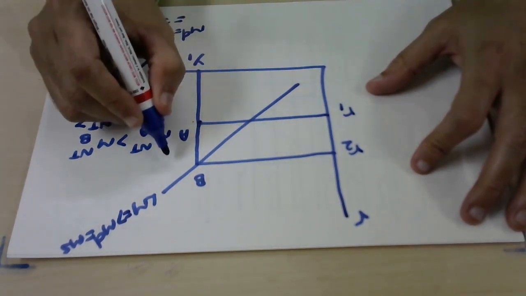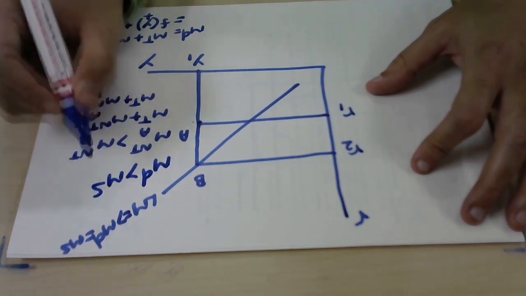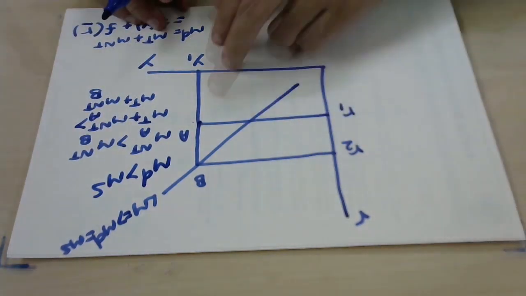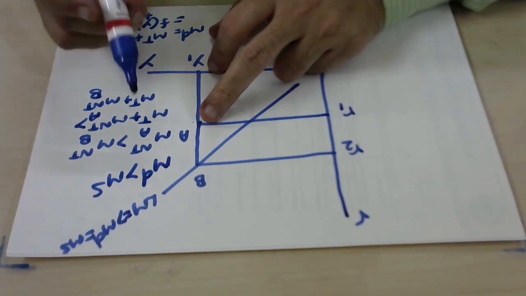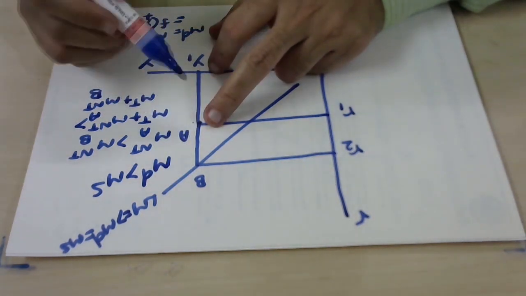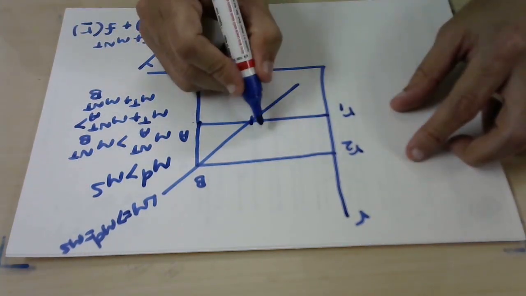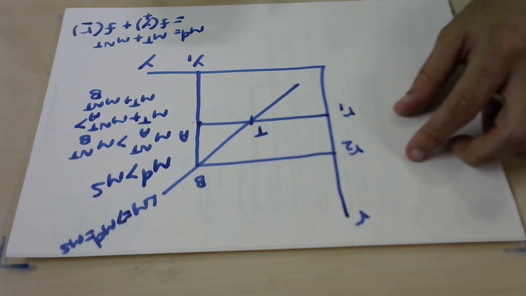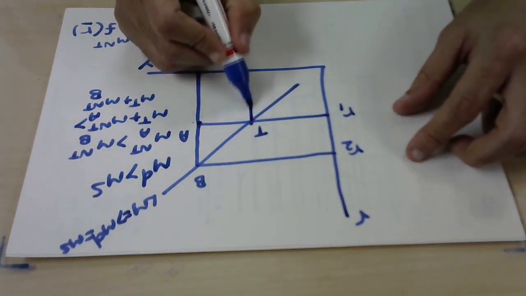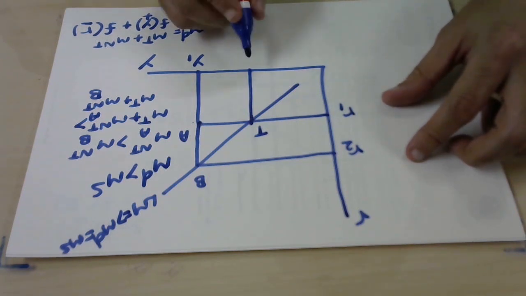So money supply remains the same. Now money demand is greater than money supply because one component of demand for money is higher at A, and the other component, which depends on income, is the same both at A and B. Now consider point T on the LM curve. Both A and T correspond to the same interest rate.